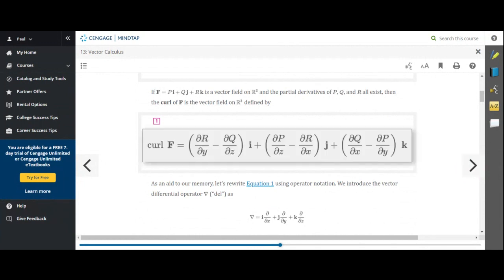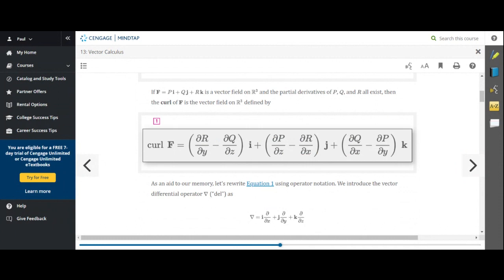Okay, if you have a vector field, the vector field F equals Pi plus Qj plus Rk, a vector field in three-dimensional space, and the partial derivatives of P, Q, and R all exist, then the curl of the vector field is defined by this vector. And it's difficult to remember that vector, all those components.